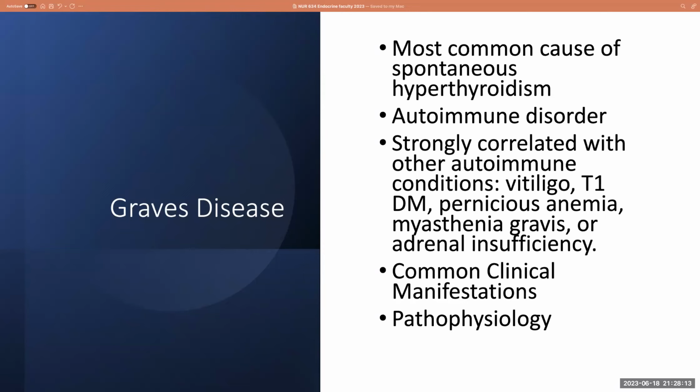Some of the manifestations, they're basically going to be hypermetabolic. And they'll have some sympathetic overactivity. They often have diffusely enlarged goiters involving both thyroid lobes. It's somewhat firm. They may present with the hyperthyroid disease of the eyes, where you'll get the periorbital edema, conjunctival edema, injection, ptosis, lid lag, diplopia, and those other findings we discussed.